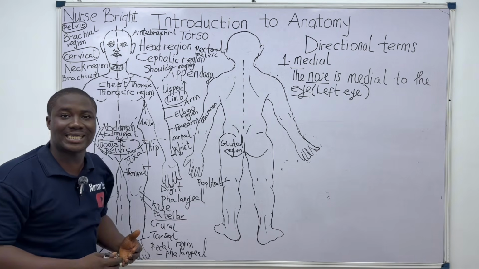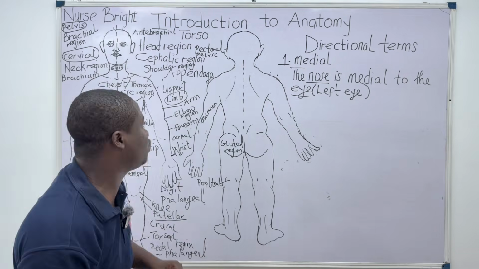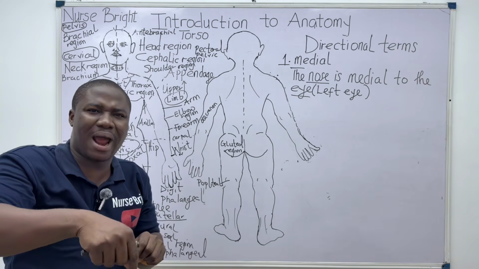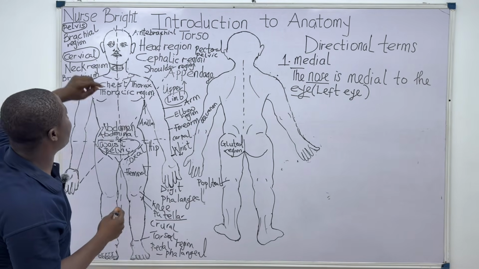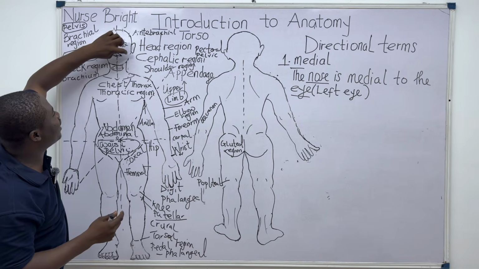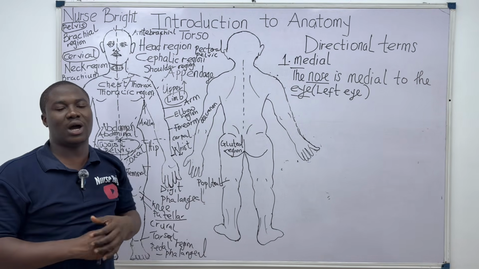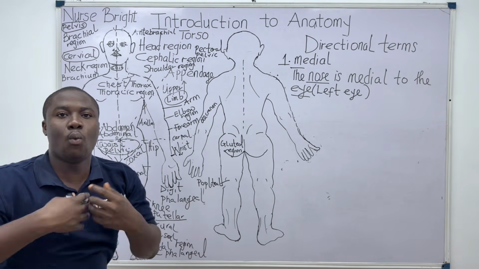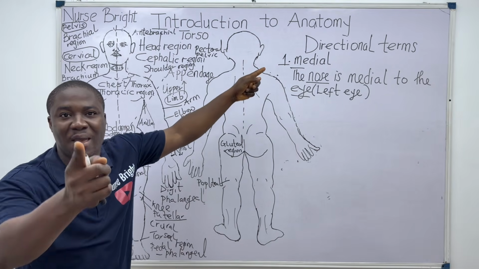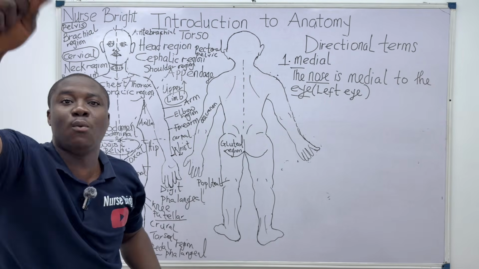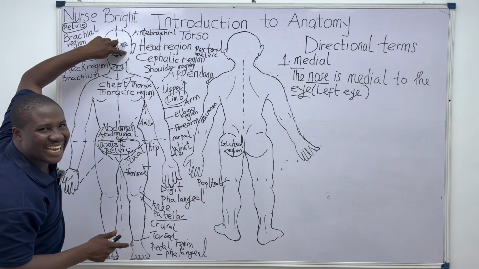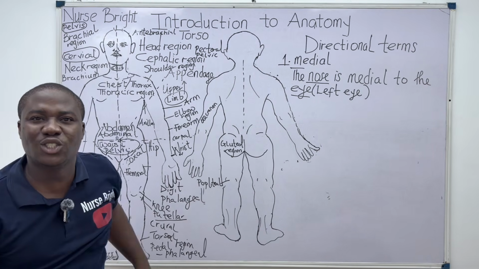This individual is standing in an anatomical position. Then let's describe the relationship between the mouth and the cheek of this individual. How are we going to describe it? What do we say using the directional term medial? Now listen, can we say the cheek is medial to the mouth?